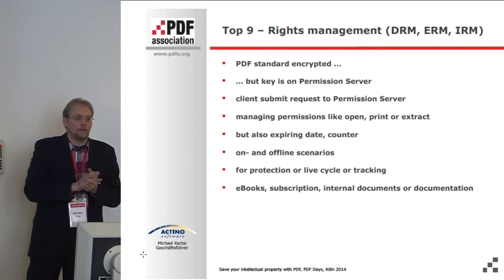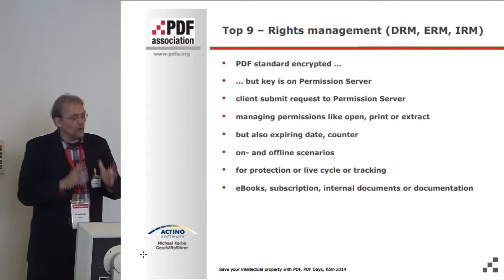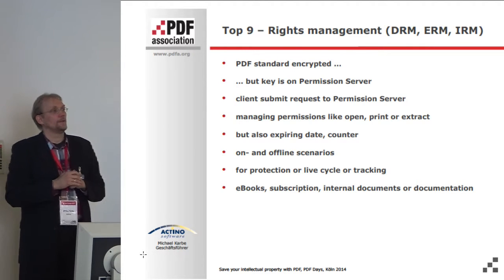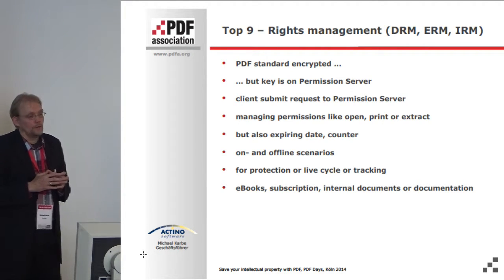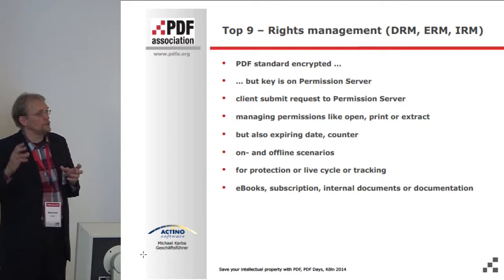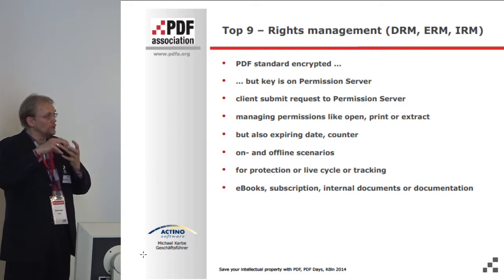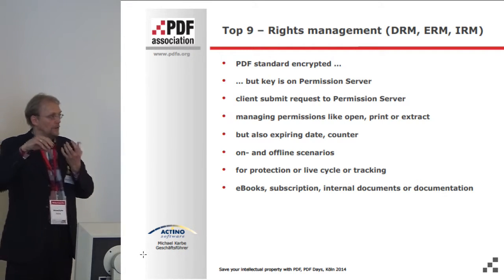When you think about ebooks, there's also what we call the offline scenario. In this situation, a permission server generates what we call an offline key, which includes a hardware identification.